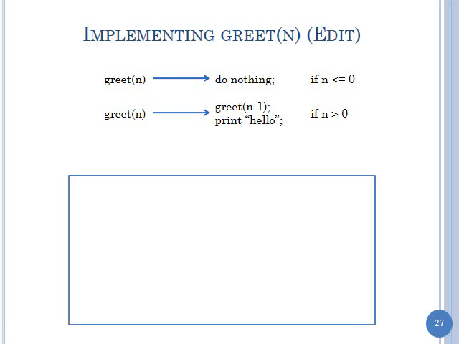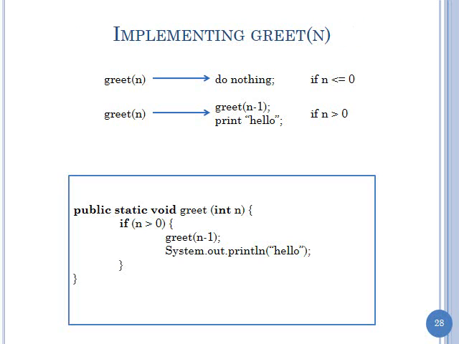And my procedure would be, if n is greater than 0, greet n minus 1, followed by print hello. Do we have a base case here? So base case is the terminating case. So if it's not greater than 0, we do nothing. That's your base case. It's terminating. Right?